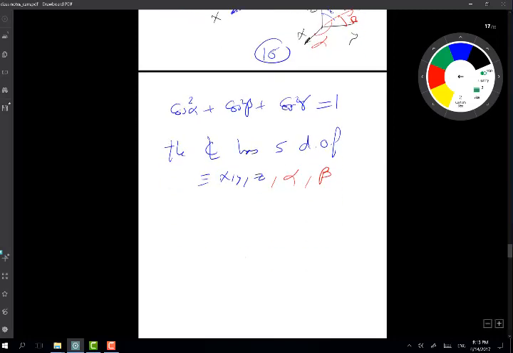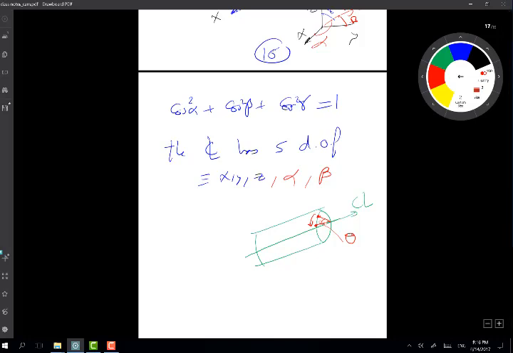So the object itself, about the center line, if you rotate a point by an angle theta here, the point will move from one position to another. So it will leave the plane and move to another plane.